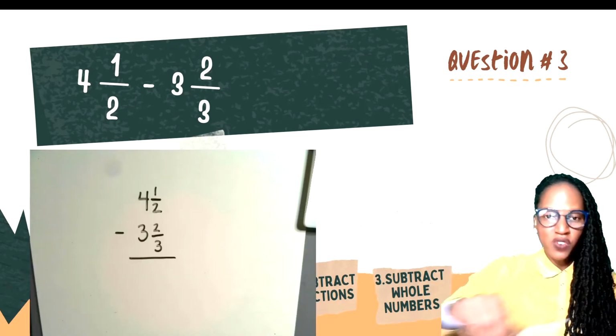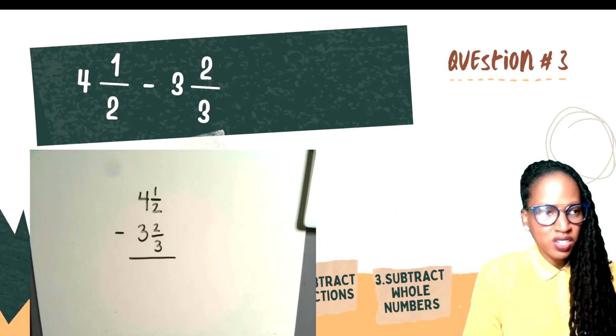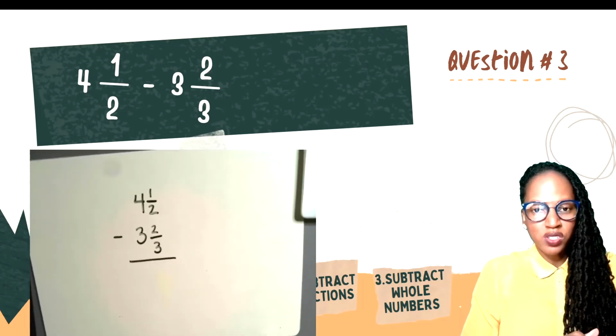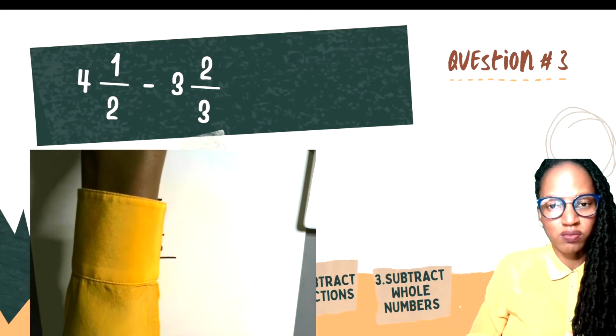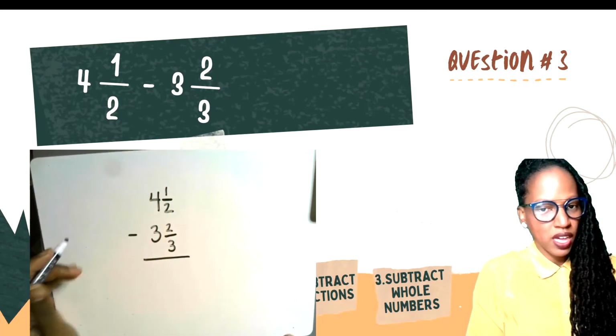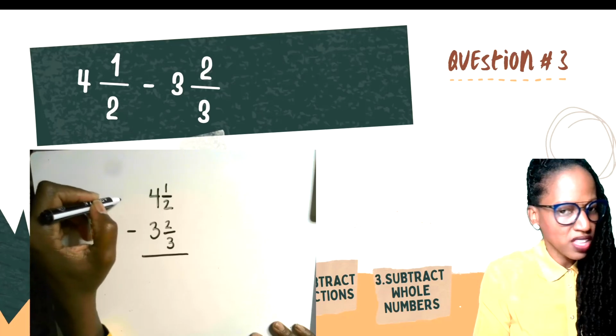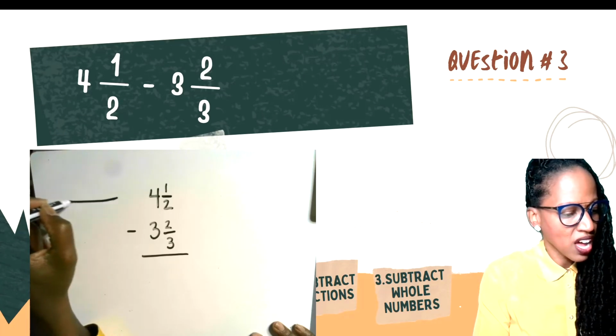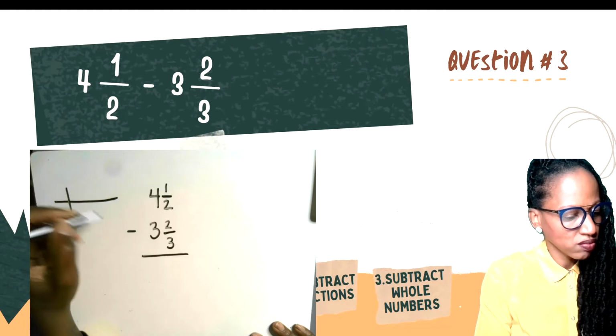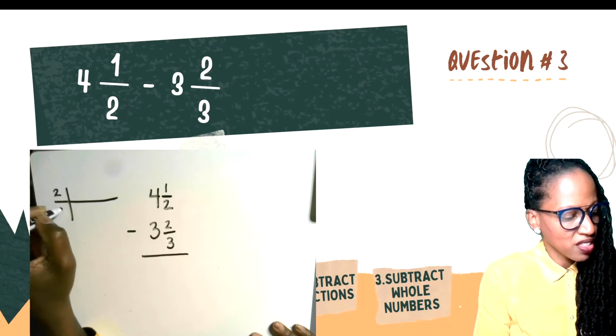Here we go. So first step, I'm going to find my least common multiple. I'll write it just over here. I have halves and thirds.